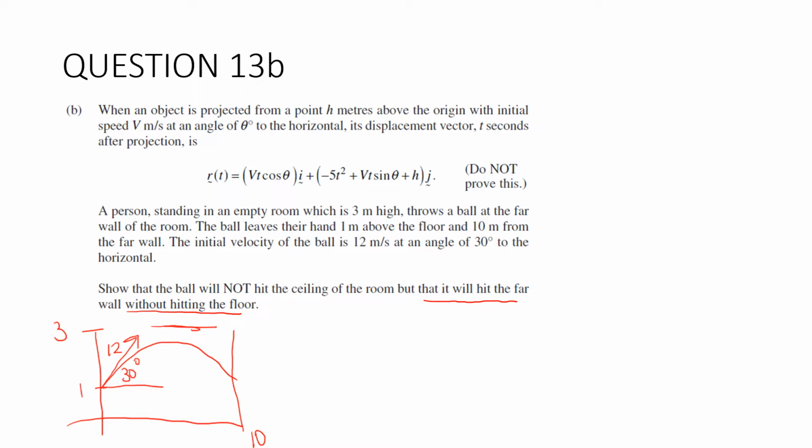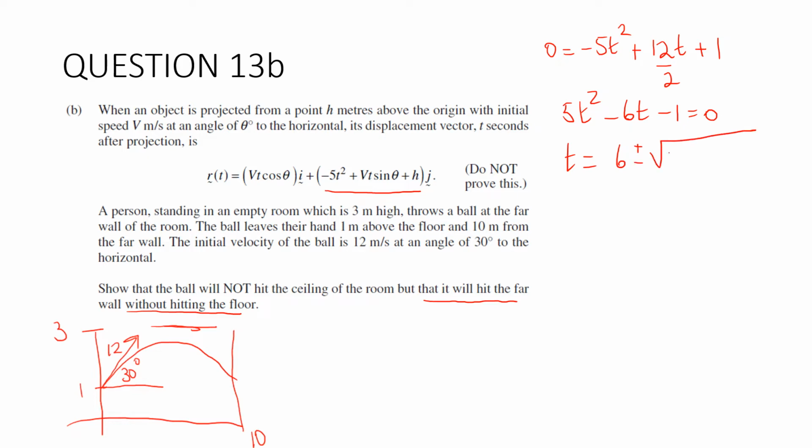And then finally, we want to prove that it will hit the far wall without hitting the floor. And that's going to come from working out the range. So we're going to take our y coordinate there and put it equal to 0. 0 is equal to negative 5t squared plus 12t, sine 30 is a half, plus 1. 5t squared take 6t, take 1 equals 0. t is equal to 6 plus or minus the square root of 6 squared is 36 minus 4 times 5 times negative 1, all over 2 times 5, which is 10.